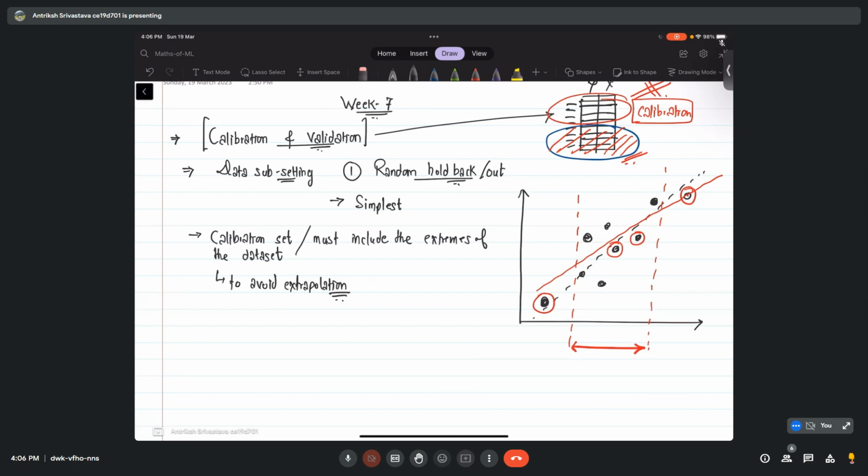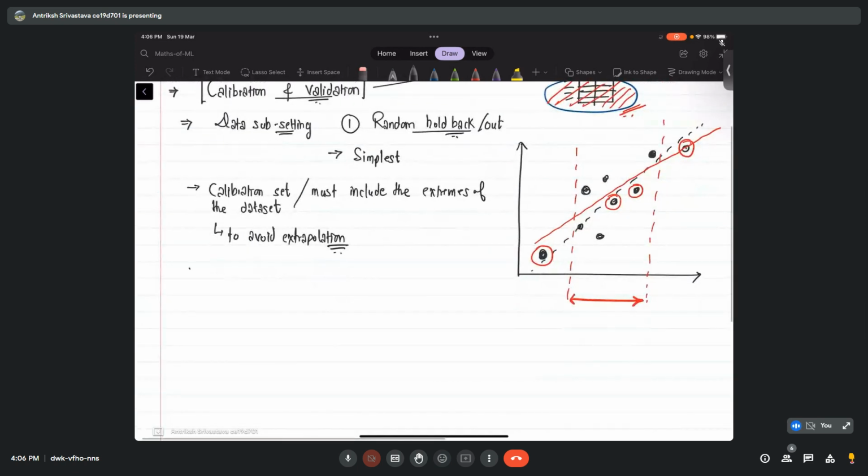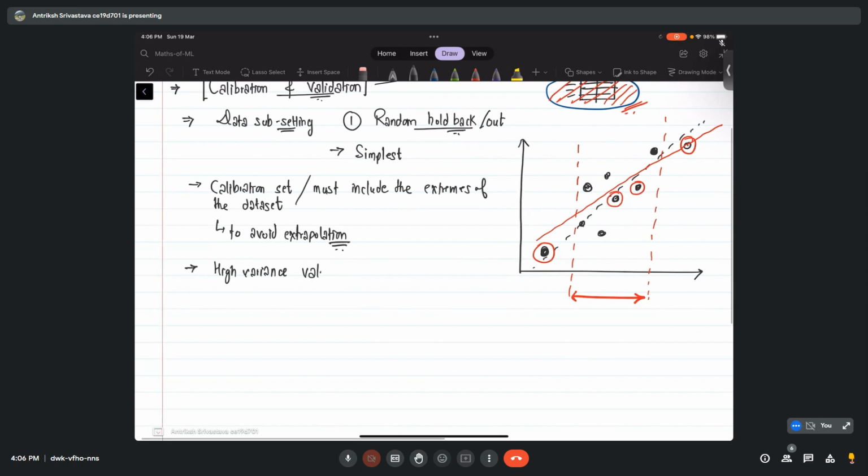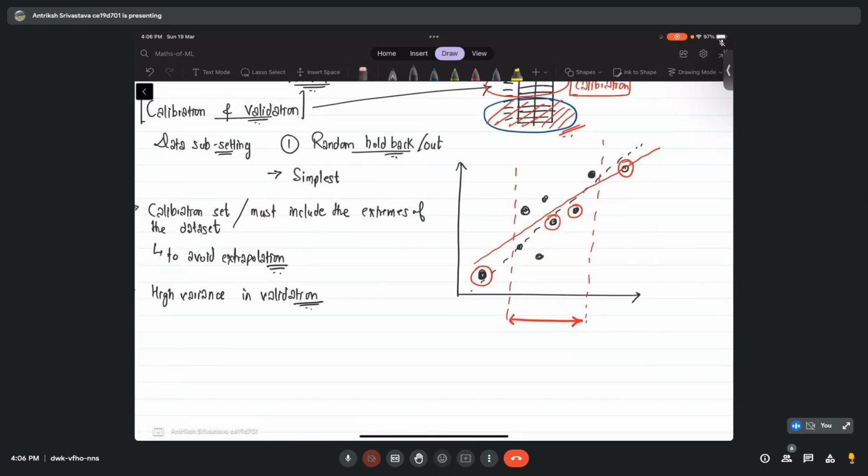Okay. Now here's another problem with the random holdout method: it will give high variance when it comes to the validation process or validation test. That is because the random holdout will give you randomly some of the points from this data set.